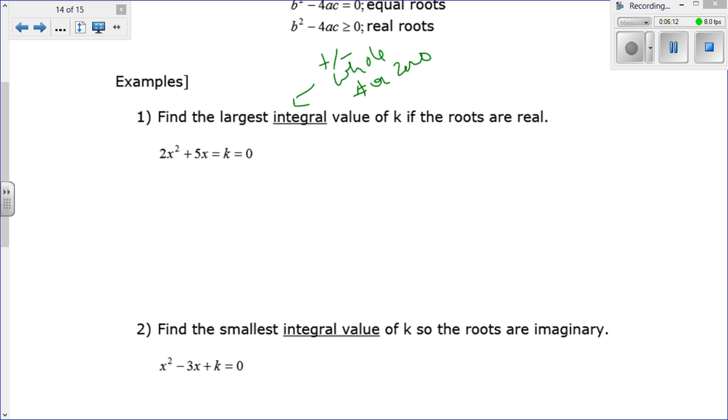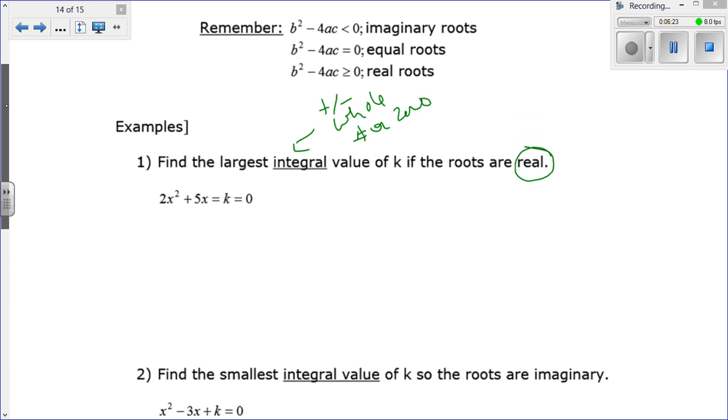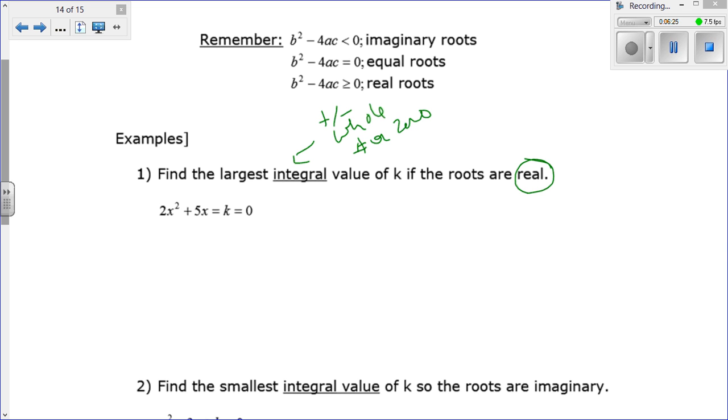Find the largest integer value. And the key in this question is the fact that my roots are real. And if I go up here on the top, if my roots are real, I'm looking at my discriminant being greater than or equal to 0. And this should be a plus sign right there. Sorry about that.